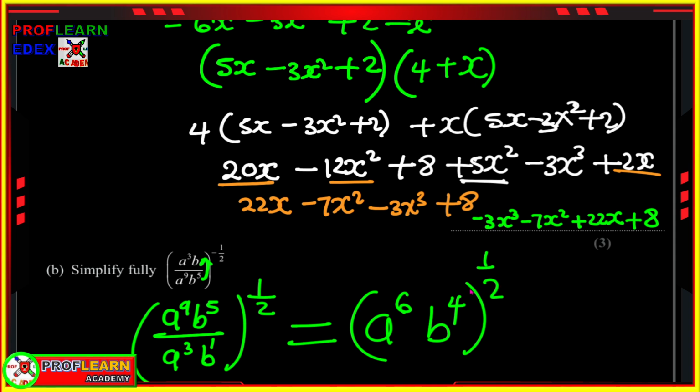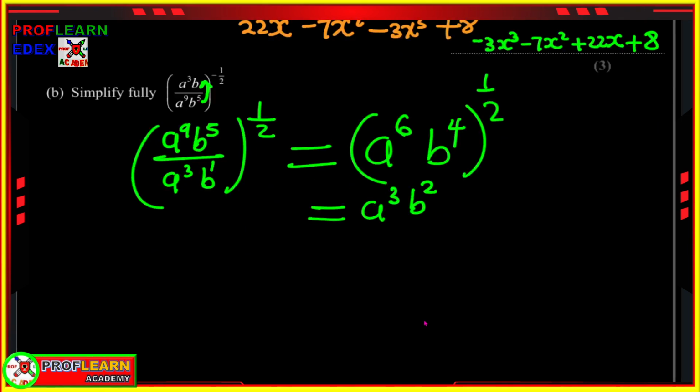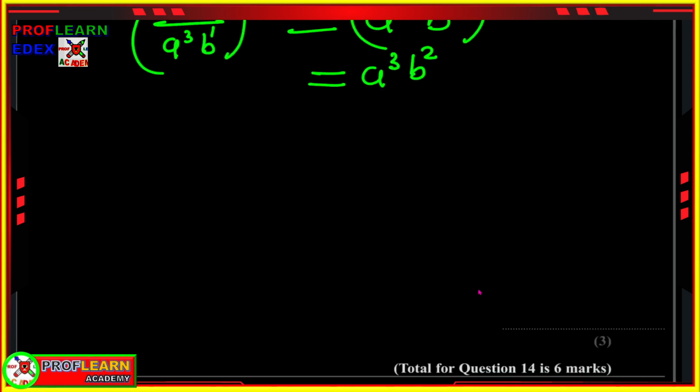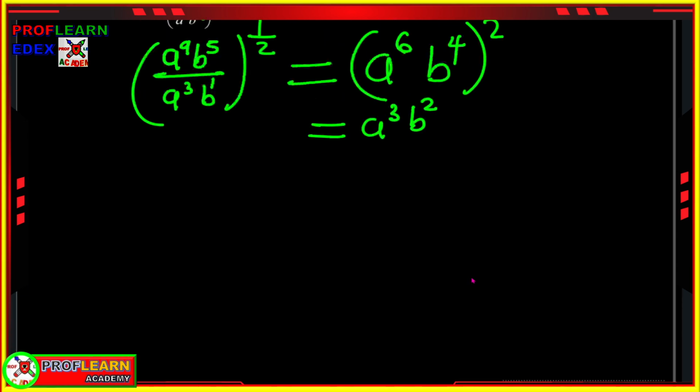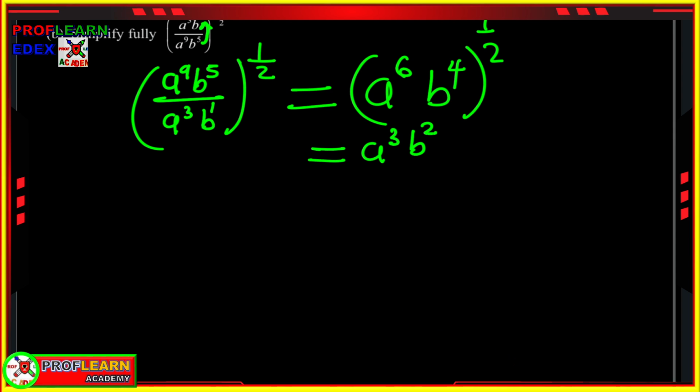So this power is going to be multiplied to all the terms inside here, which means a raised to power a half times 6 would be 3, b raised to power a half times 4, that would be 2. So we shall have a raised to power 3 and b squared.